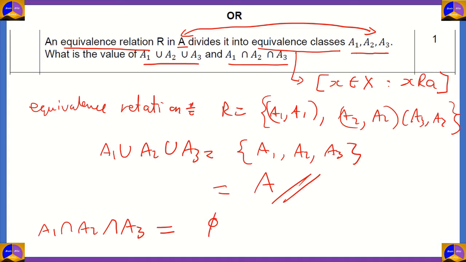So you will have a null set, which will be the value for a1 intersection a2 intersection a3. So there is nothing common. So A and phi are the answers to the operations in the question. The trick here is to use the equivalence classes to form the equivalence relation and then to use the union and intersection appropriately.